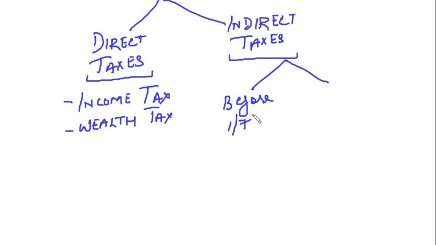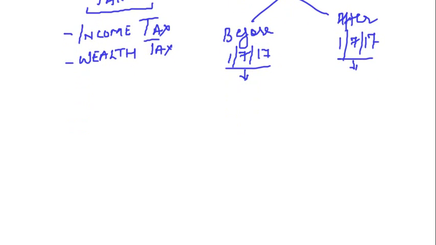And talking of indirect taxes, now we have two periods, that is before 1st of July 2017 and after 1st of July 2017. What was the scenario before 1st of July 2017 and what is going to be the scenario after 1st of July 2017, right? Now if we talk of before 1st of July 2017, there were multiple indirect taxes like excise.